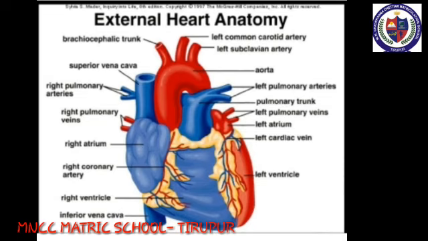The right and left pulmonary arteries arise from the pulmonary branch and supply deoxygenated blood to the lungs. The left ventricle gives rise to the aorta, which carries oxygenated blood to the parts of the body. During the cardiac cycle, blood flows through the chambers of the heart in a specific direction.